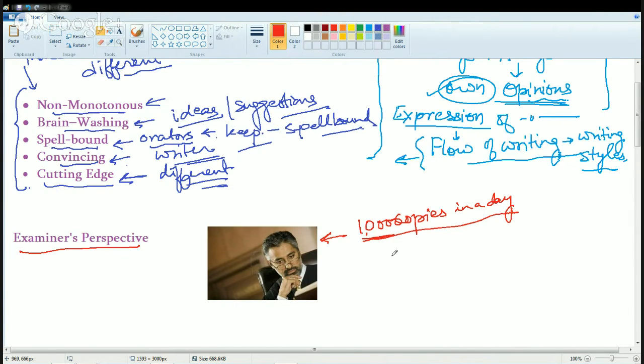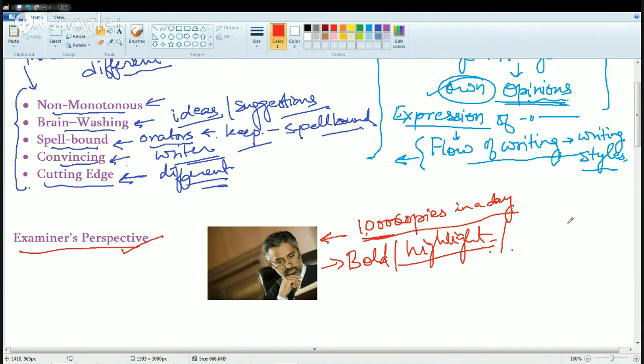How much time will he be able to spend on each single copy? So, to get a winning edge from the examiner, what will the examiner see in your essay? If you try to bold or highlight something, that would be the place where the examiner's eyes will go first.